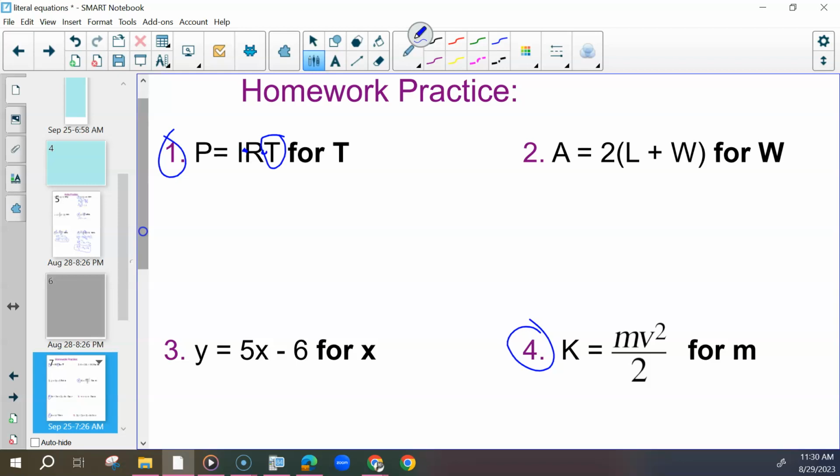We just don't see them, they're invisible. So if they are multiplying, to undo that we would do what? Divide. And we're going to divide I and R at the same time. So P over IR equals T. Questions about that one?